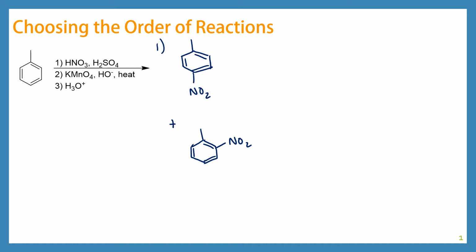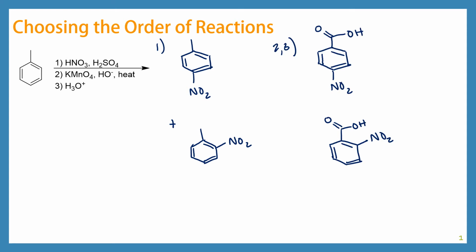And then for the next step, we are reacting with potassium permanganate, hydroxide, and heat, and following it up with an aqueous acid workup. This is going to oxidize the methyl group into a carboxylic acid. This leaves us with o-nitrobenzoic acid and p-nitrobenzoic acid.